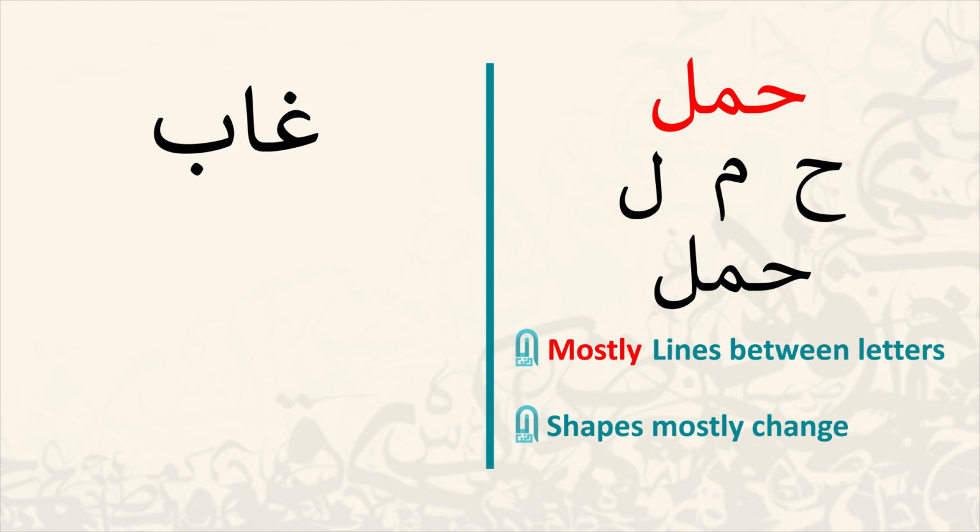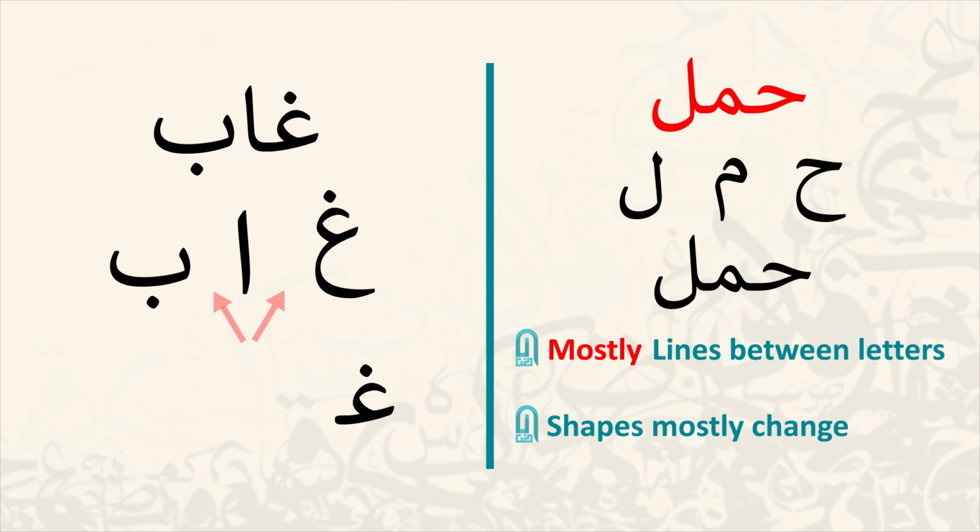First, we write the isolated format of the letters. Here is the first one, here is the second, and here is the last. Second, we will shape the letters. The first one will become like this. The second one is a special case. This letter should be joined from both sides because it's in the middle.